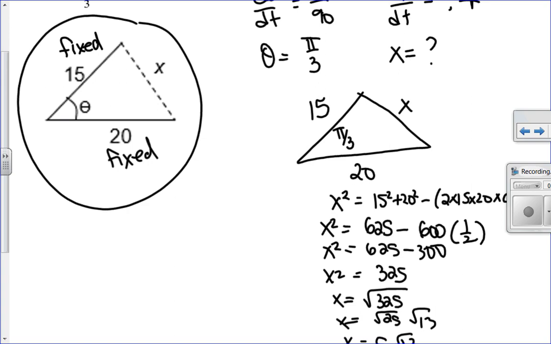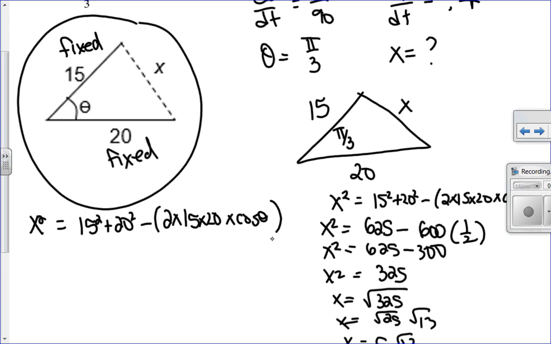Again, I'm going to use cosine law. So I'll write this out as x squared equals 15 squared plus 20 squared minus twice their product multiplied by cosine of theta, and theta will be in general. Let's tidy this up a little bit more. This is 625 minus 600 cosine theta.